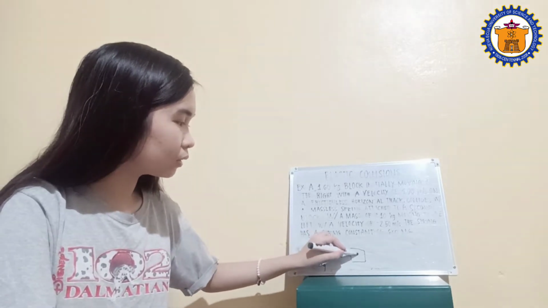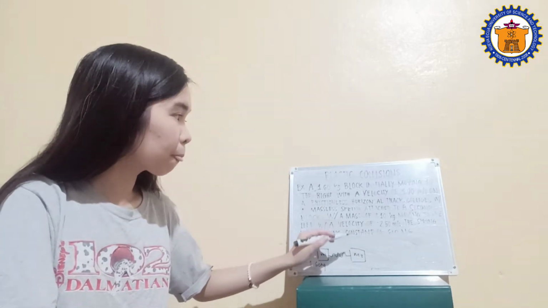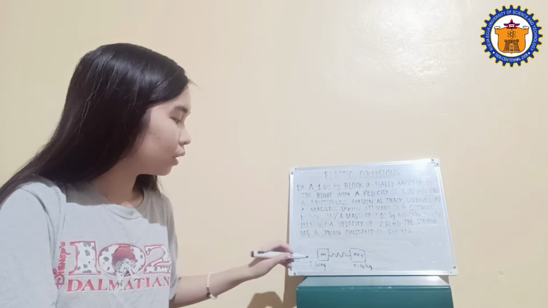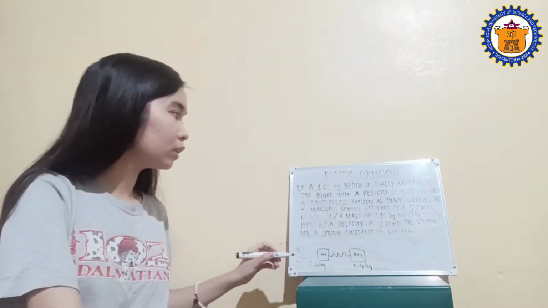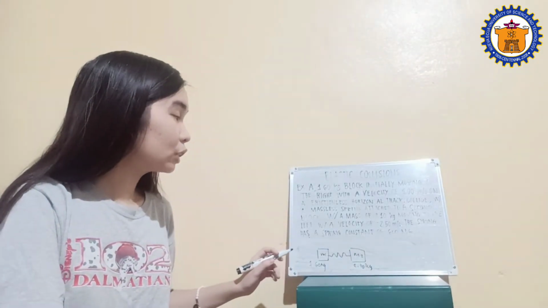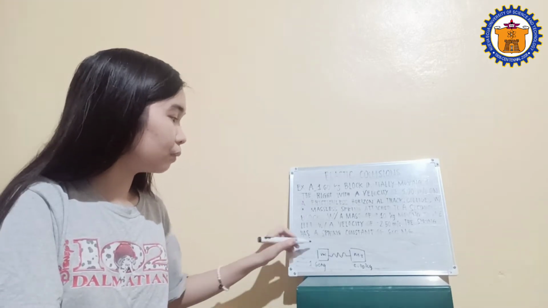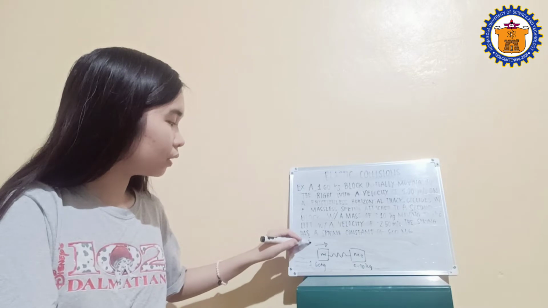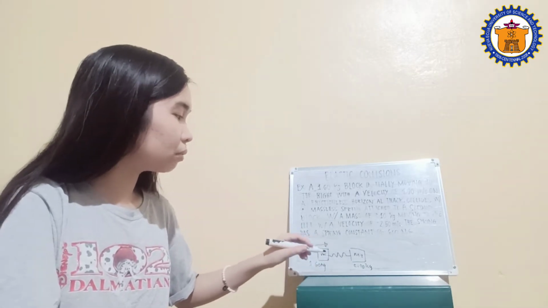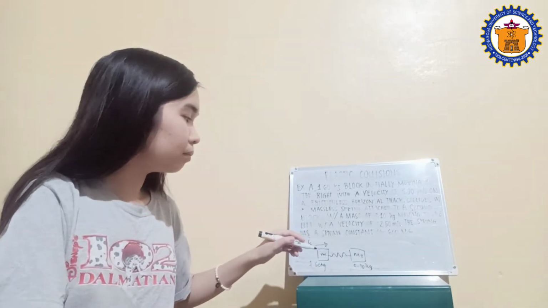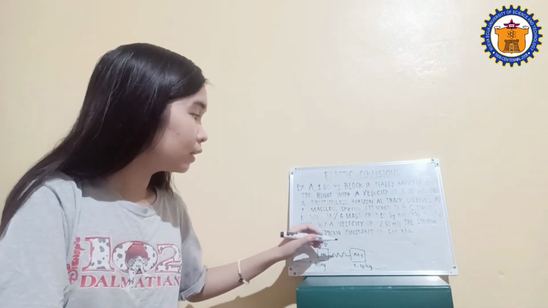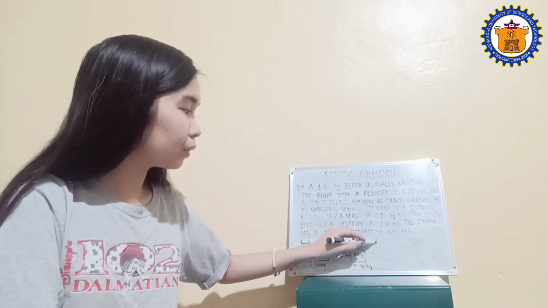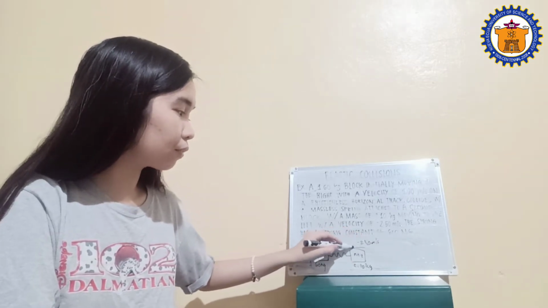And then, si mass 2 naman, meron siyang bigat na 2.10 kilograms. Itong si mass 1 is meron siyang speed na 4 meter per second patungo sa kanan. Habang ito namang si mass 2 is meron siyang speed na negative 2.50 meter per second going to the left naman.